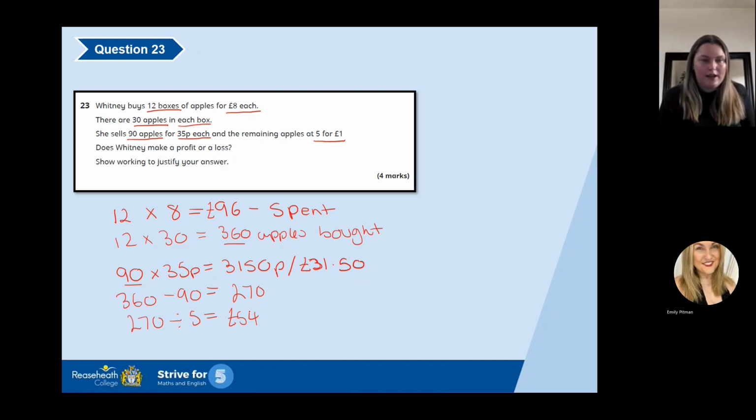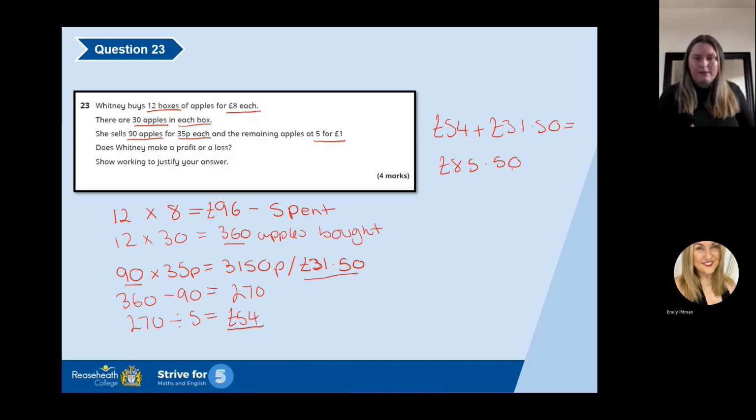To work out her income, I'm going to add together the 54 and the 31.50, which gives me £85.50.